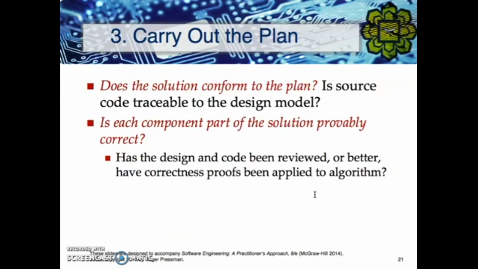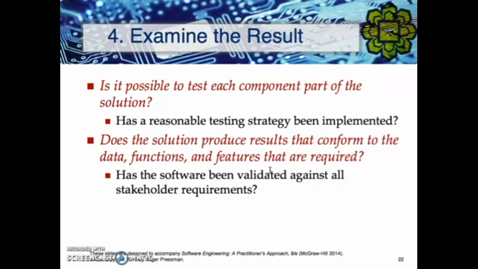When carrying out the plan, we can ask questions like, does the solution conform to the plan or not? Is the source code traceable to the design model or not? Is each part of the solution provably correct? We have to check whether the design and code have been reviewed, or better, whether correctness proofs have been applied to the algorithm.